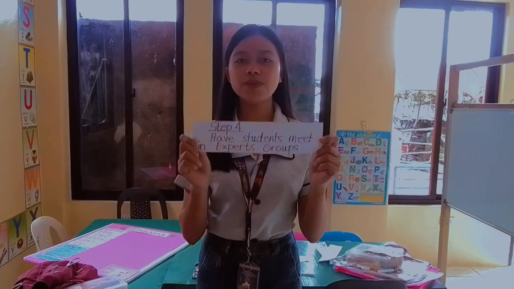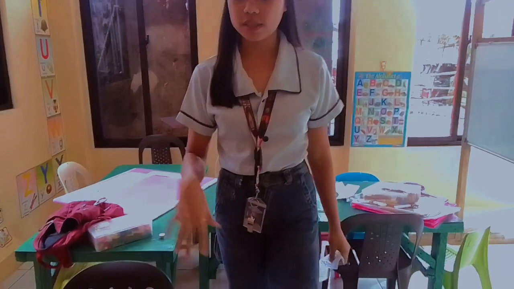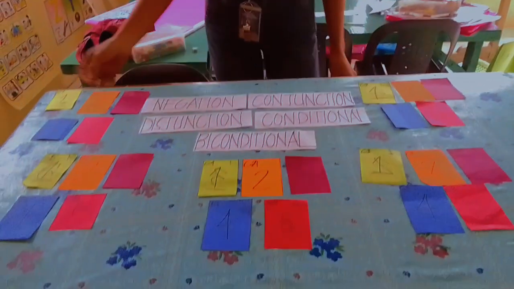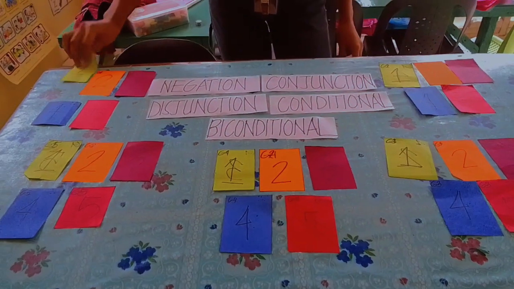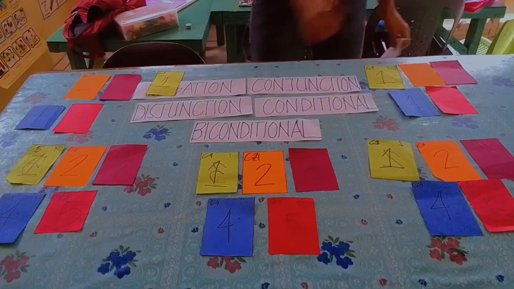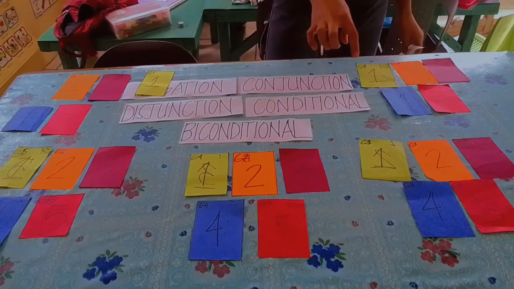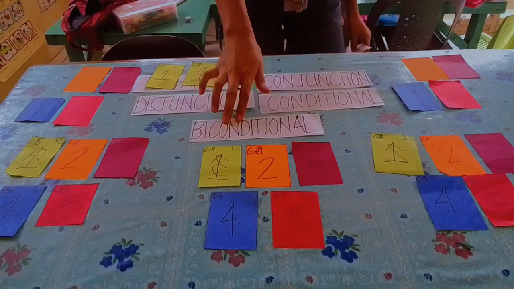Step 4. Have students meet in expert groups. So we have 5 chunks. For example, group 1, student number 1 is going to proceed with the topic, negation. Then the same with group 2, student number 1, who is going to proceed with the topic negation.